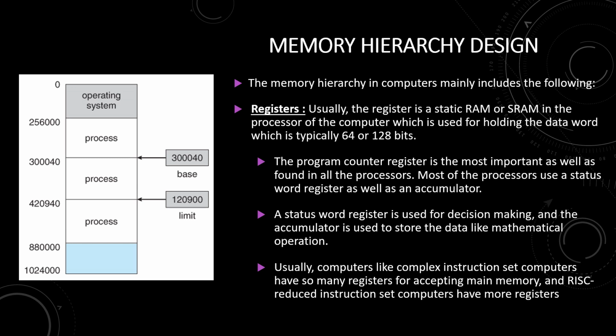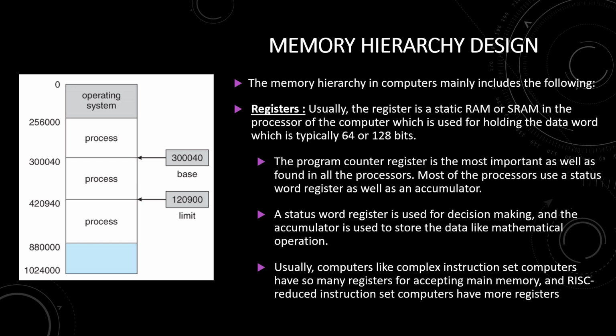Registers. Usually the register is a static RAM or SRAM in the processor of the computer, which is used for holding the data word, which is typically 64 or 128 bits. The program counter register is the most important and is found in all the processors. Most of the processors use a status word register as well as an accumulator.